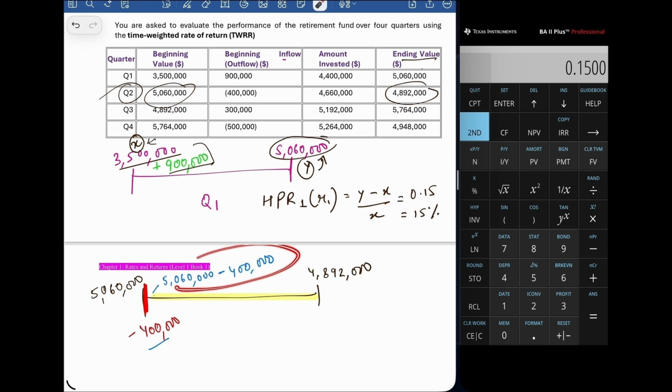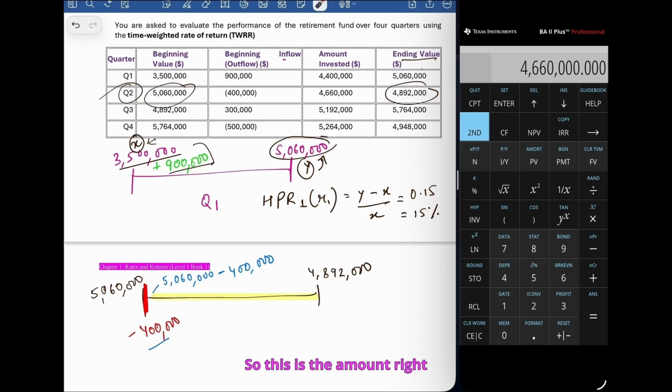So this is the X value. It is already given here. Well, let's calculate 5,060,000 minus 400,000. So this is the amount, right? Its X value is this, Y value is this. So we do the same, Y minus X by X.